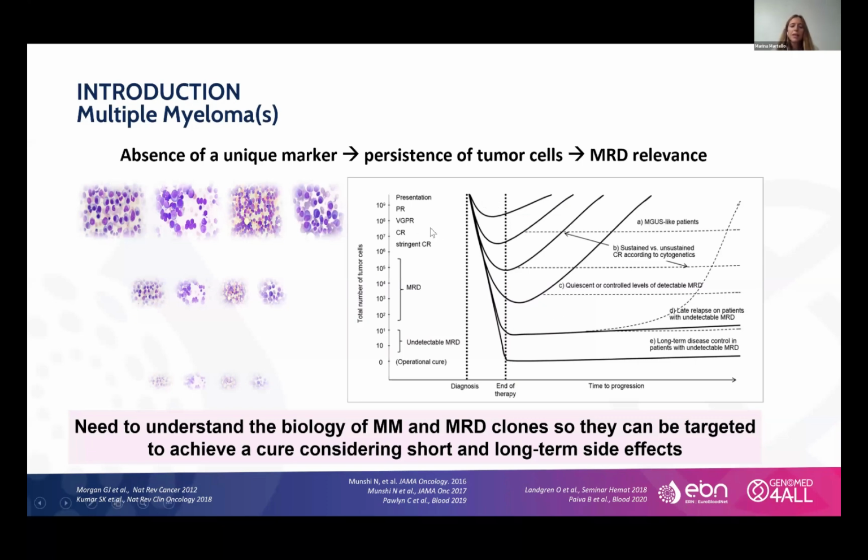Patients, as you can see from this slide, after receiving therapy might have a decrease of tumor cells. So patients can be characterized by different levels of residual cells, and the clinical outcome might be influenced by the quantity of the residual cells and the persistence of these tumor cells.